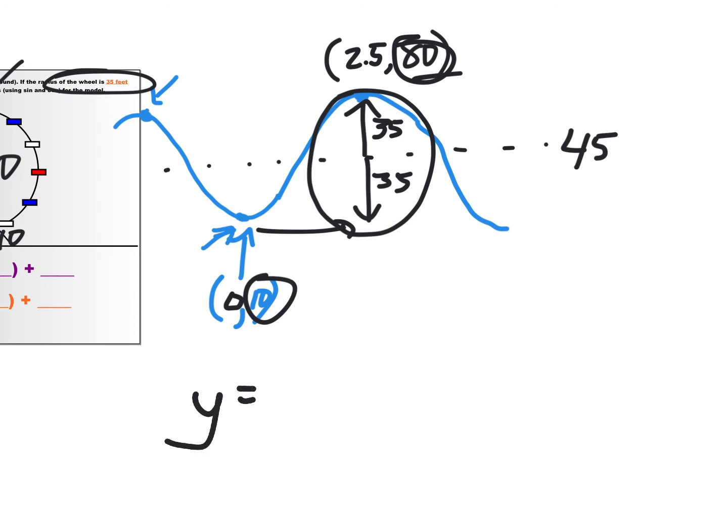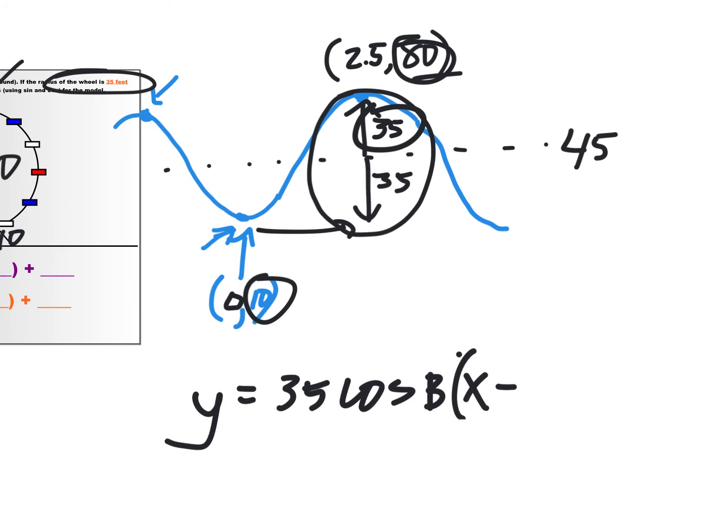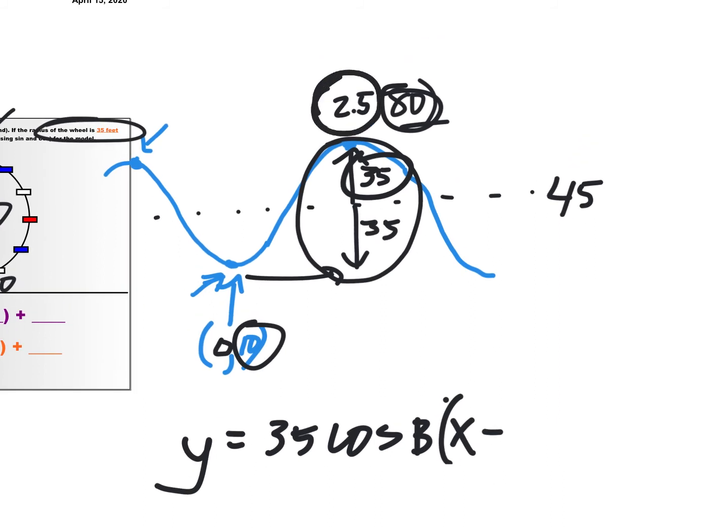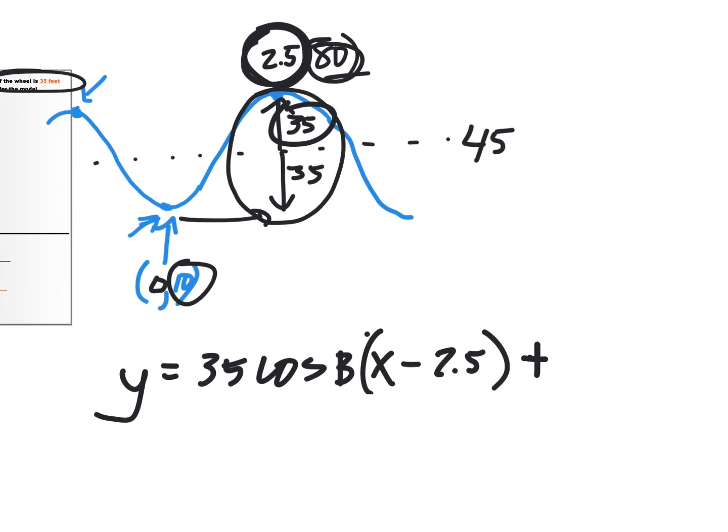Y equals the amplitude, which was 35, cosine of, I'm going to just put B for now, x minus the x value of the first peak, which was 2.5 minutes, and then plus the 45 is the midline.